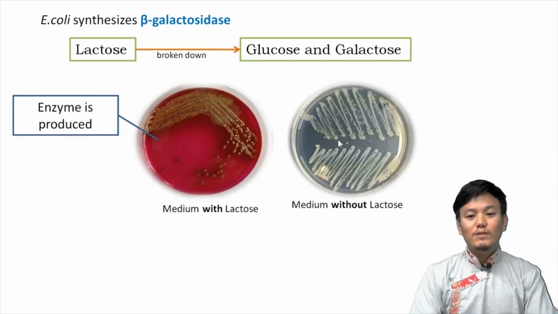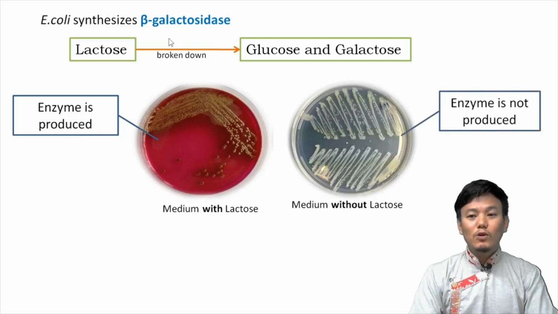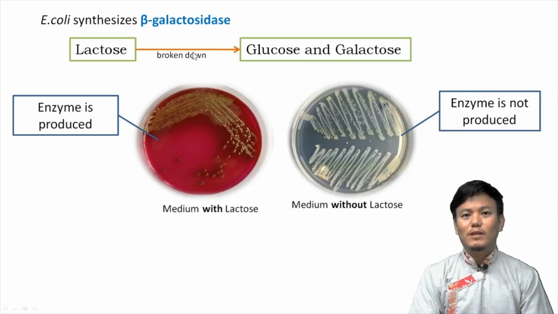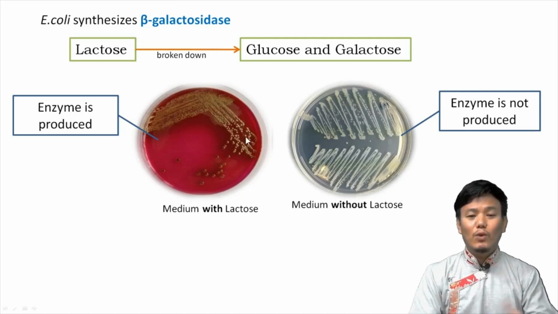The one which is not getting any lactose does not produce the enzyme. Logically speaking, there is no need of the enzyme over here because there is no lactose. If the substrate is not there, what is the use of the enzyme? If the bacteria produces that enzyme, it's a wasteful process, right? So the bacteria somehow knows that there is no lactose, therefore there is no need to produce the enzyme.